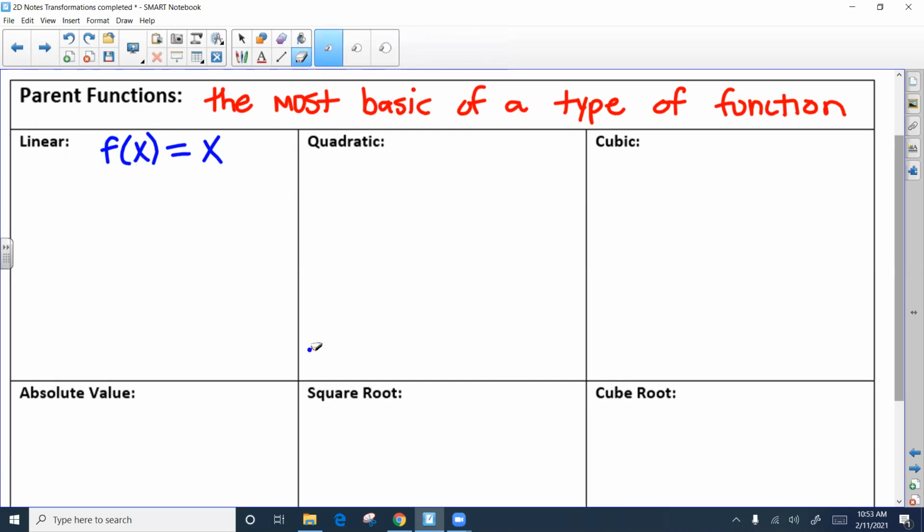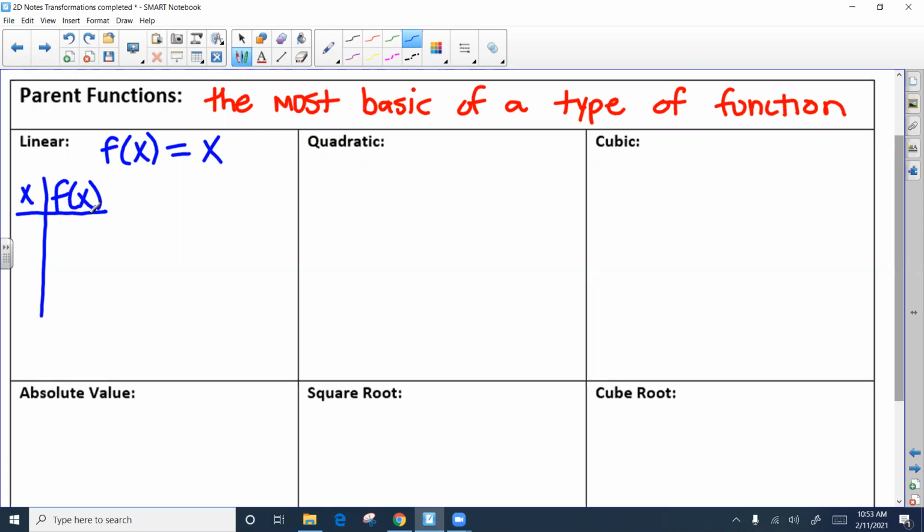What we're going to be doing on all of these, so you do need room for all of these. I'm going to make a table of values on this side, and then I also am going to need to draw the graph. Okay, so on this side here, I'm going to make an input output table. So I'm making an input output table with x and f of x.